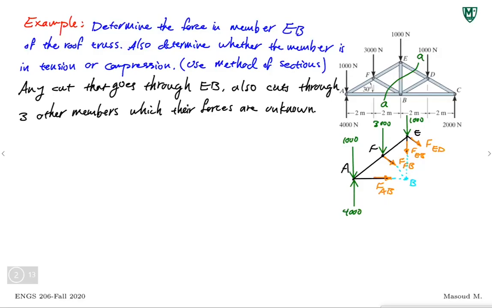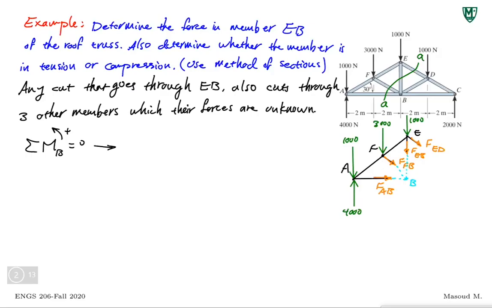Let's write this equation. Summation of moments about point B is equal to 0. And let's take this as positive. So from what I see, FEB does not make any moment about point B. FFB does not make any. FAB does not make any moment. So all three are gone.